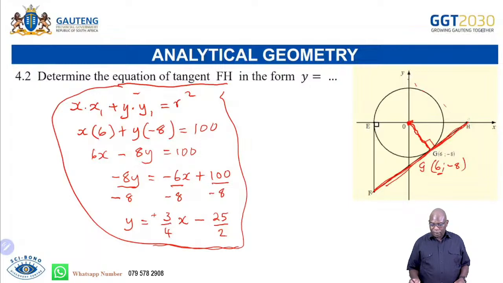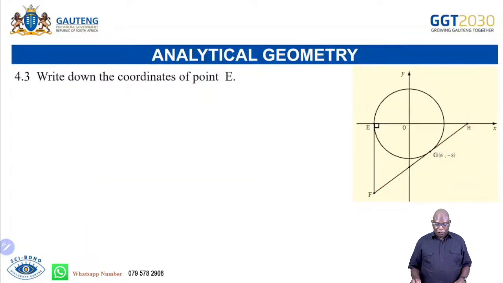Okay. All right. 4.3 says now we must get the coordinates of point E. Point E is on the graph of the circle. So now you have this line here. What do you call that line? It's a radius, because it's from the center of the circle to the circumference of the circle.